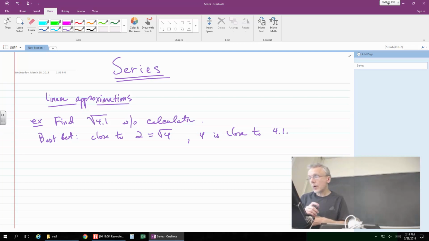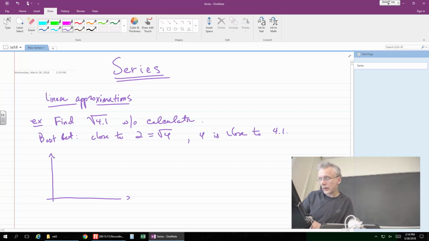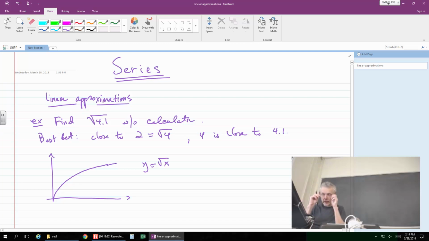Okay, so let me draw a picture of what has happened. We're talking about the graph of a function y equals square root of x, which is not a simple function, as simple as it seems. Why not? Because we don't really know what square root is.